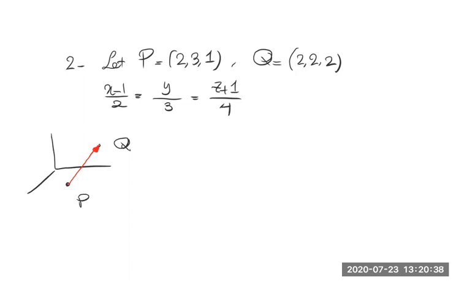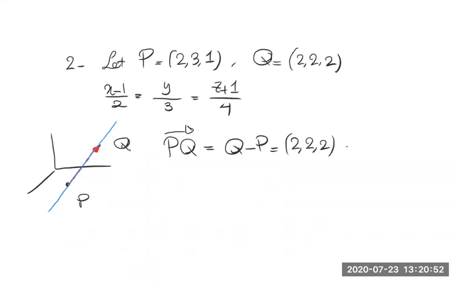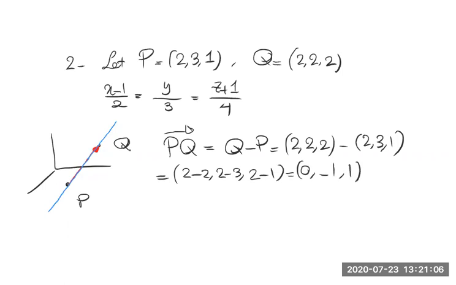The vector PQ is Q minus P. So it's 2, 2, 2 minus 2, 3, 1. So it would be 2 minus 2, 2 minus 3, 2 minus 1, which is 0, minus 1, 1.